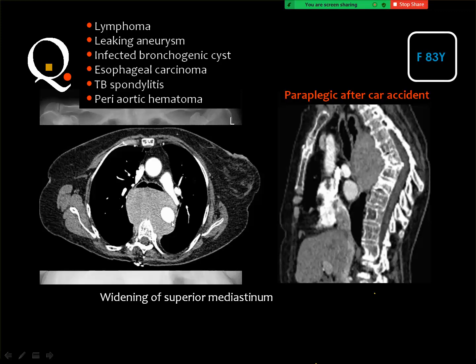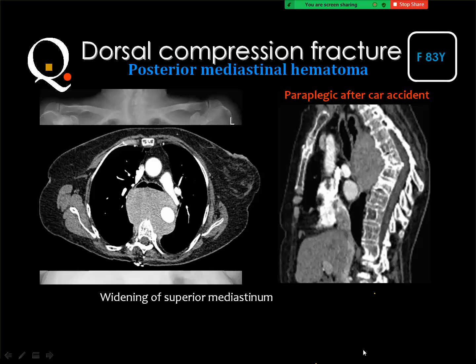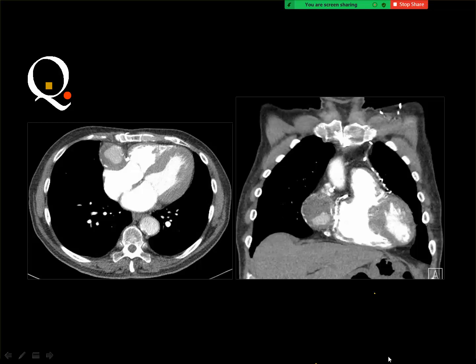If the aorta is ruptured, you got some of the contrast material also leaking within the hematoma, and this is a catastrophic event, of course. But this hematoma, I think, is coming from the spine, not from the aorta itself. Yes, dorsal compression fracture with posterior mediastinal hematoma.